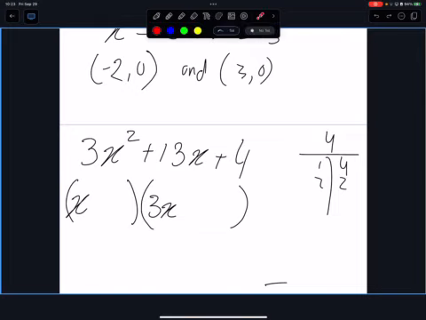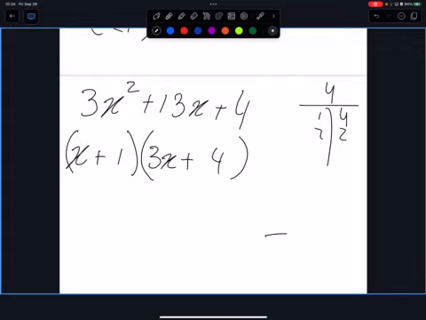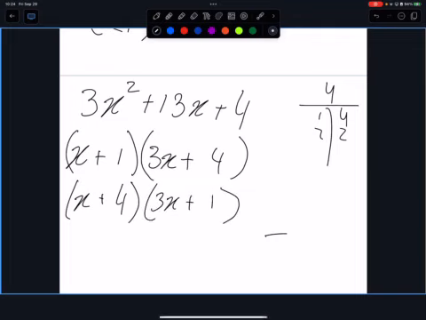So the options, I know both are positive, are x plus 1 and 3x plus 4. Another possibility is x plus 4 and 3x plus 1. Do we have more?